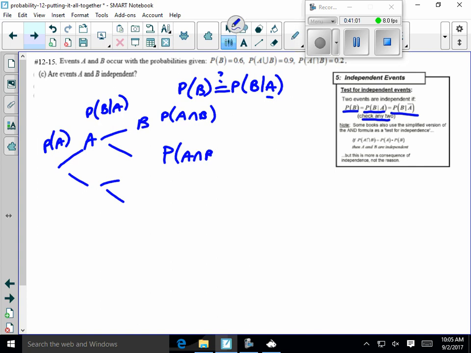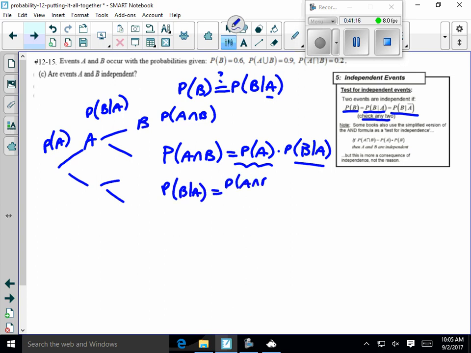The probability of A and B is the probability of A times the probability of B given A. So I can solve that by dividing both sides by the probability of A. So the probability of B given A is the probability of A and B divided by the probability of A. Now the probability of A and B is given as 0.2, and the probability of A, we found in the last part, is 0.5. And so that means the probability of B given A is 0.4.